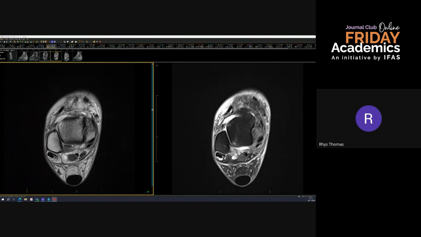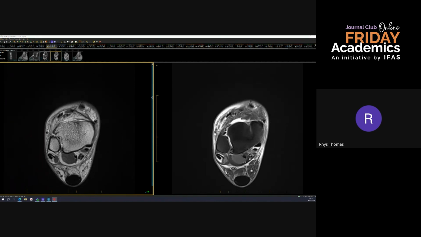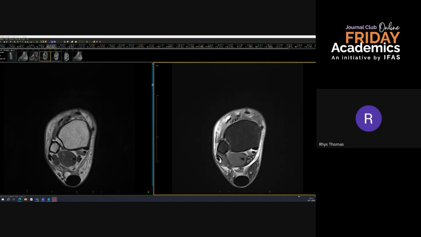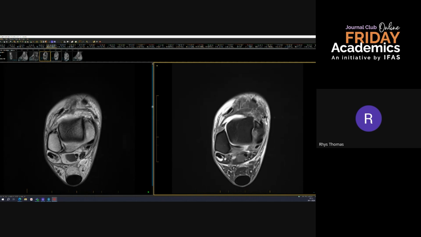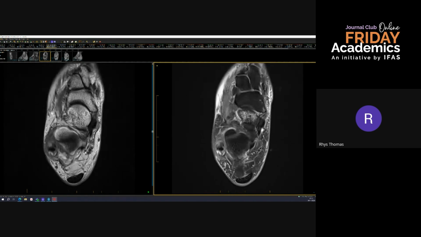However, you can also do dedicated MRI neurography, whereby the sequences that they use will suppress high signal within blood vessels, so that the only high signal left in the neurovascular bundle is the nerve.